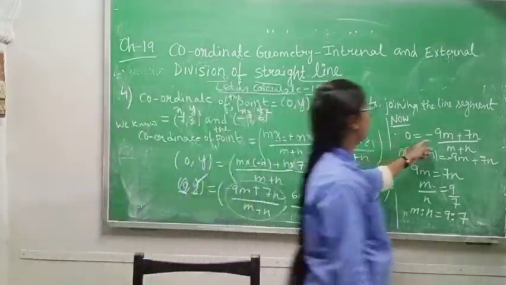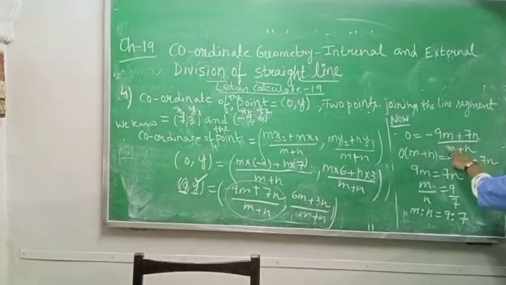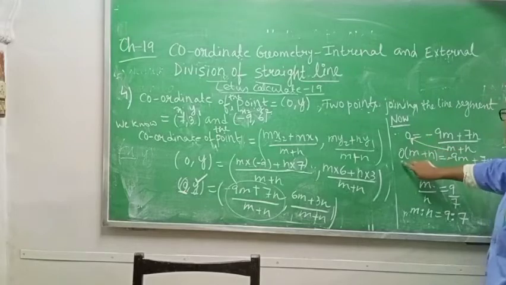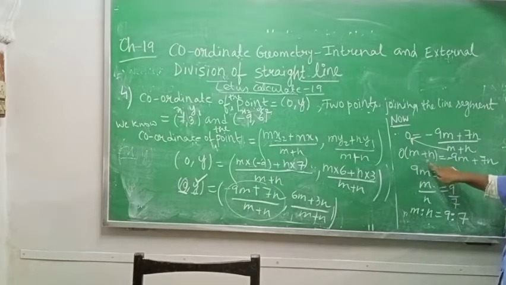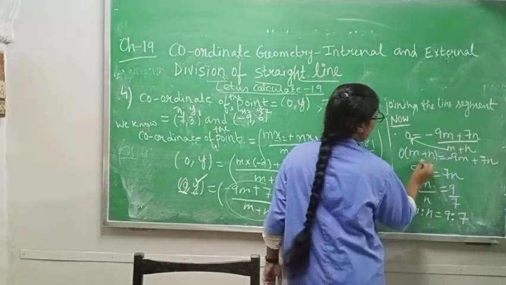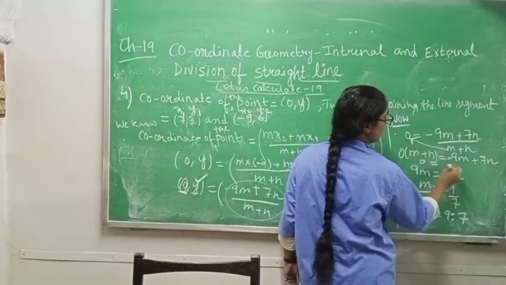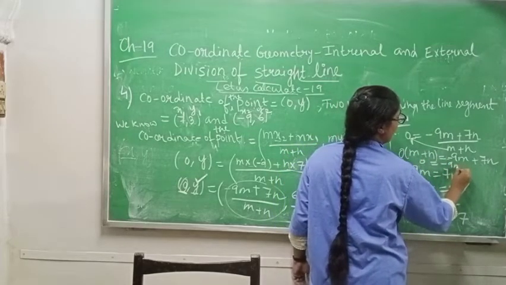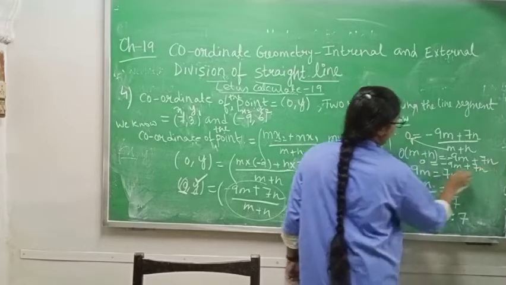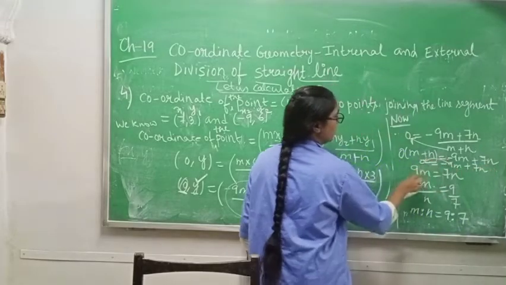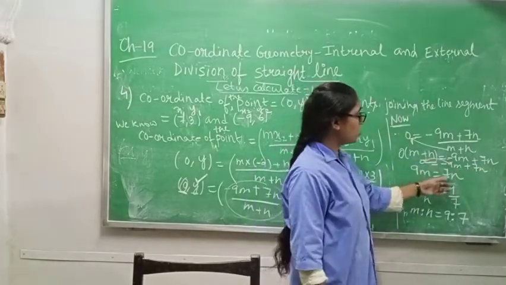So 0 equals to minus 9m plus 7n by m plus n. Now m plus n will come here, it will multiply with 0, it will give you 0 only. So 0 into m, 0, 0 into n, 0, so you will write 0, and here it is minus 9m plus 7n. Now minus 9m will come this side, it will become plus 9m equals to 7n.